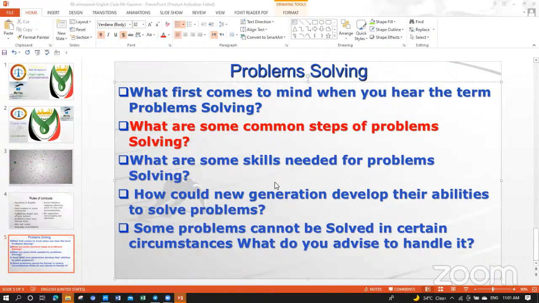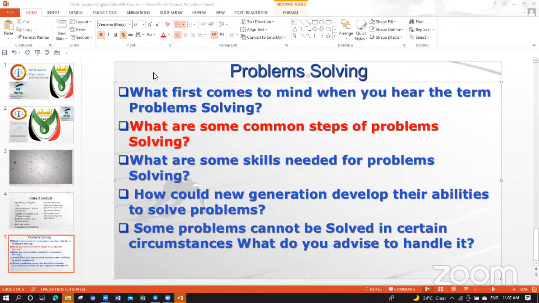Wali Abdullah is raising his hand. Yes, go on, Wali. Okay, about the second point, we usually face problems in our daily life. Some of the problems are minor and others are greater.